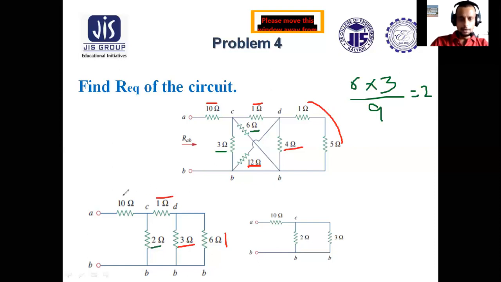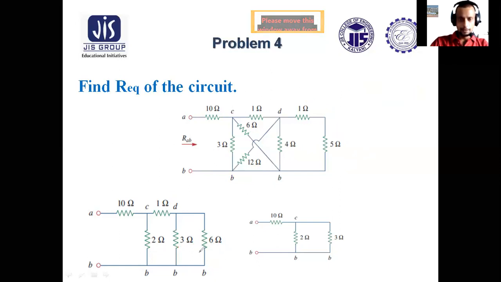Okay. So this combination can be redrawn like this. Now see, in between D and B, there are two resistors connected in parallel. So 3 parallel 6 will be 2 ohm. Here a mistake is made.